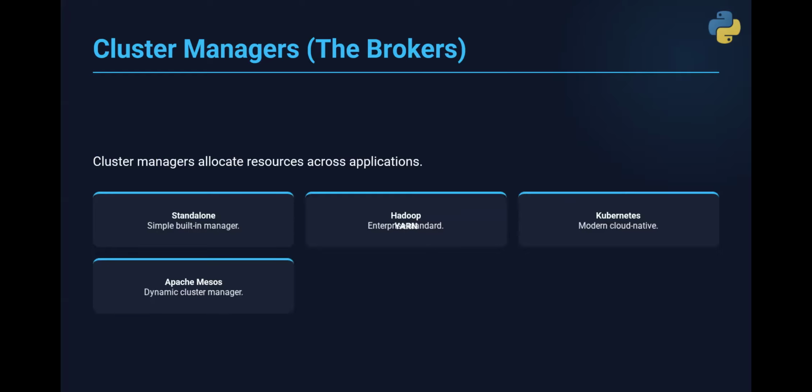And the cluster manager, which is going to manage this entire Spark big data cluster, can be any of these. One project will use one based on their requirement. It can be a standalone cluster, or Hadoop YARN, or a Kubernetes cluster, or Apache Mesos, which is a dynamic cluster manager.